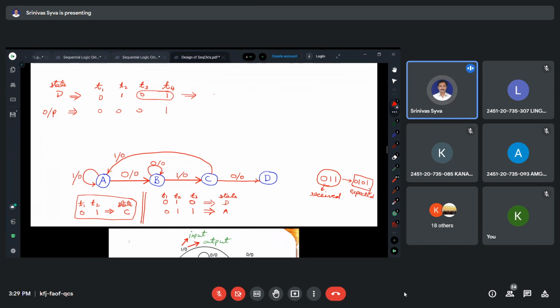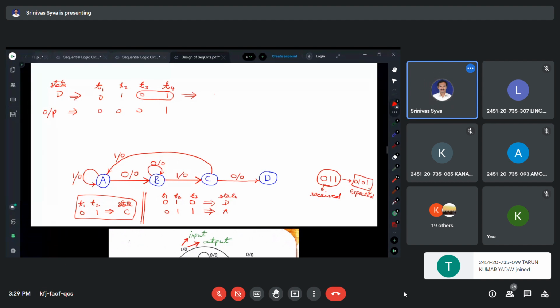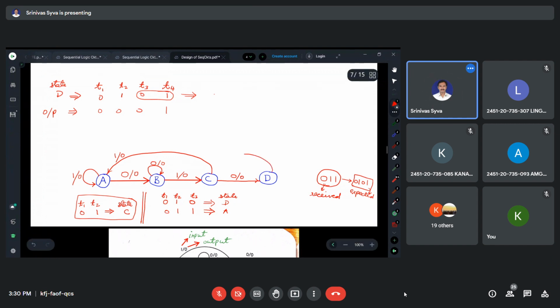So once the bits received are in the order of 0 1, the machine will be in C. Here if we receive 1, the output is made as 1.